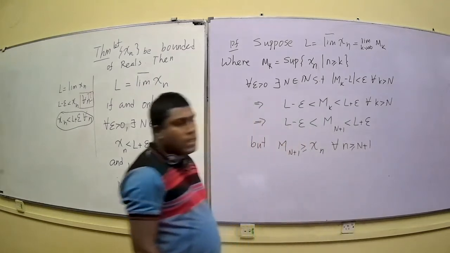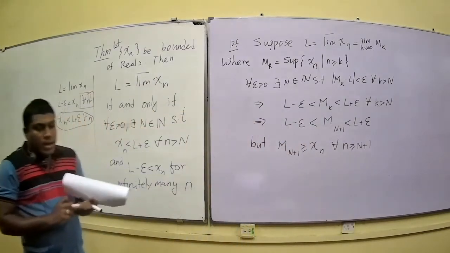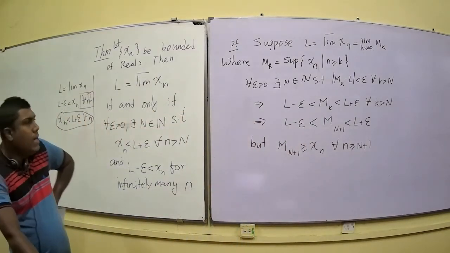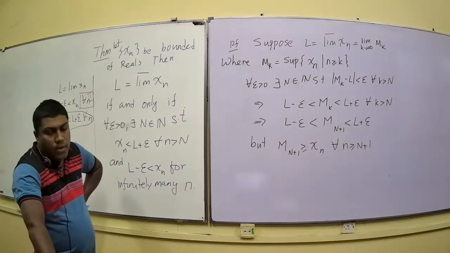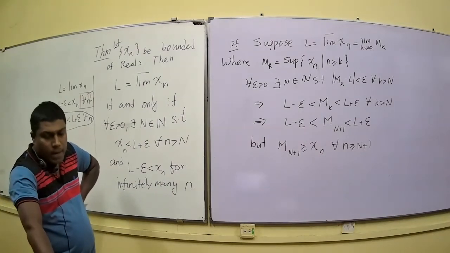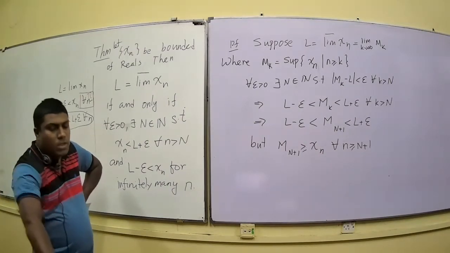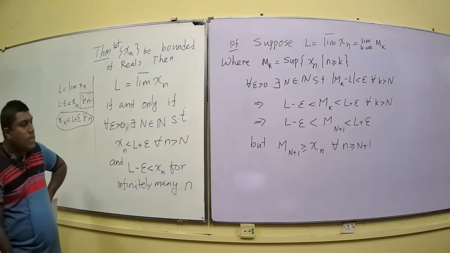But M subscript N plus 1 is actually the supremum of the set Xn with n bigger or equal to capital N plus 1. So supremum is obviously bigger or equal to all the terms in the set.